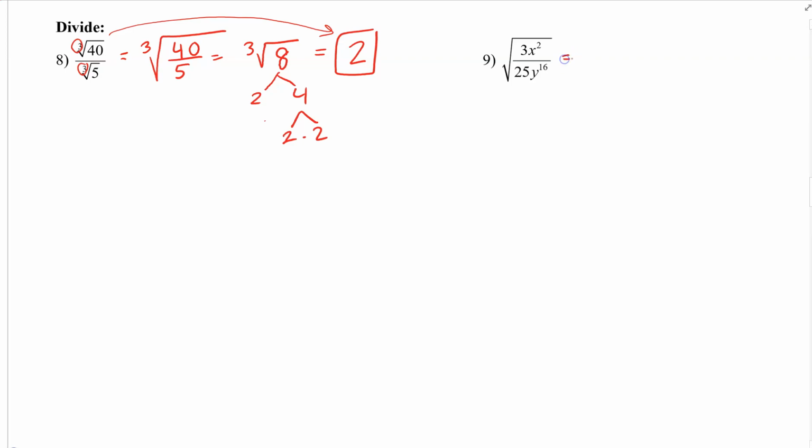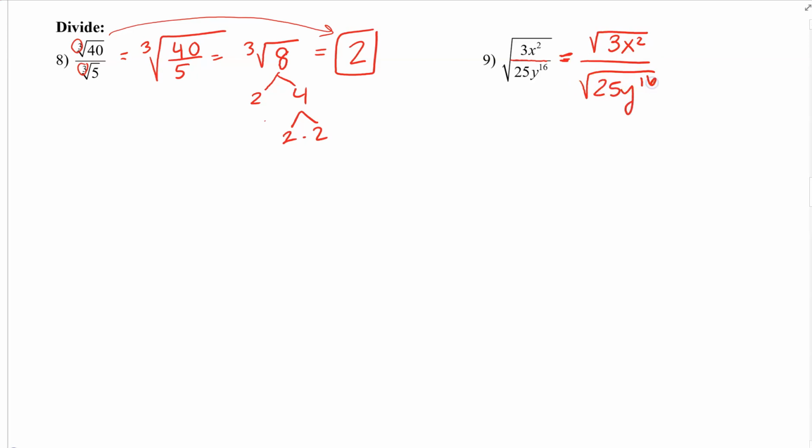So with number 9, it doesn't look like anything divides necessarily, right? 3 doesn't divide into 25 and x can't divide into y. So what I wanted you to know is you can also do the same thing we just did in number 8, but backwards. So when everything is combined under the same radical sign, but it's a division or multiplication, you could actually split it up and think of it as 2 separate radicals.